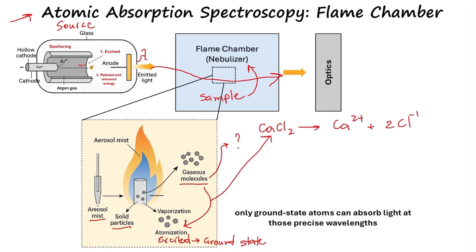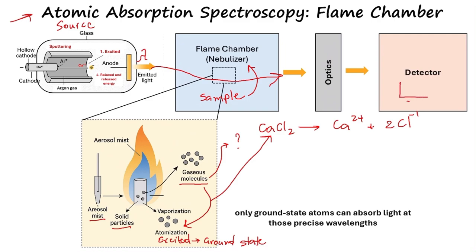The monochromator isolates the analytical wavelength before finally reaching the detector. So this is just how the optical part works. The detector then measures how much of the lamp light was absorbed. The intensity drops due to the absorption by the sample, and that tells us the concentration of the element within the sample.